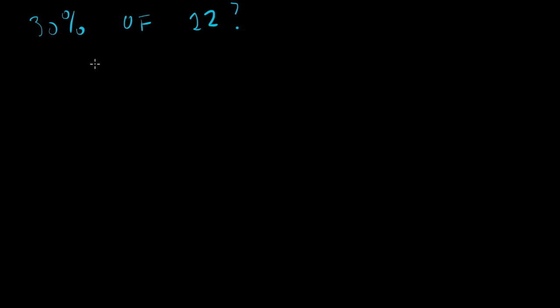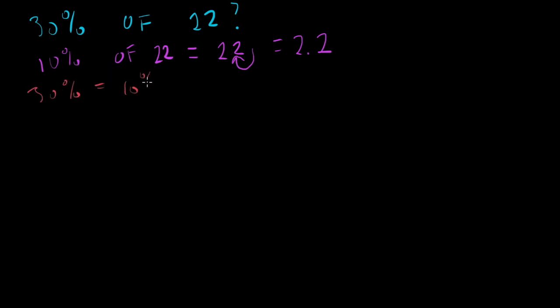The way we're going to do this is we are going to break this down into parts. The first part we have is 10% of 22. Now, we said we just move the decimal place once to the left. So we take 22, move the decimal once to the left, and so 10% is just going to be 2.2. And then we want to say 30% is just equal to 10% plus 10% plus 10%, or 10% times 3.